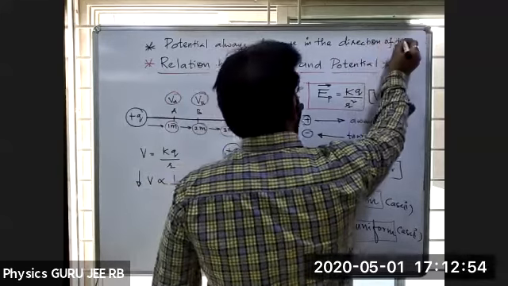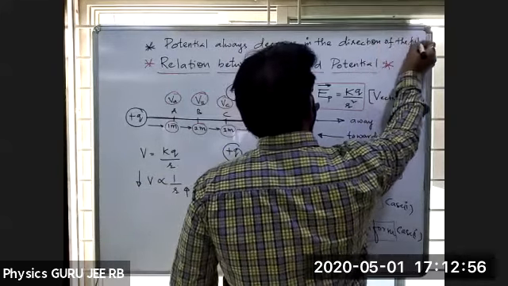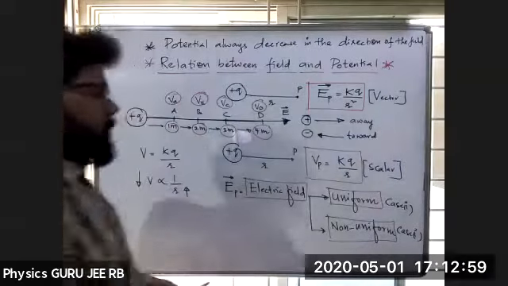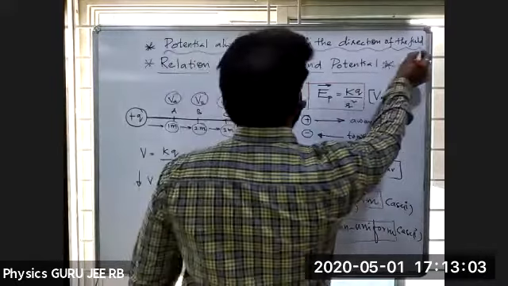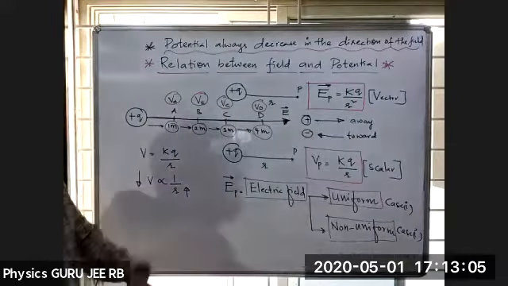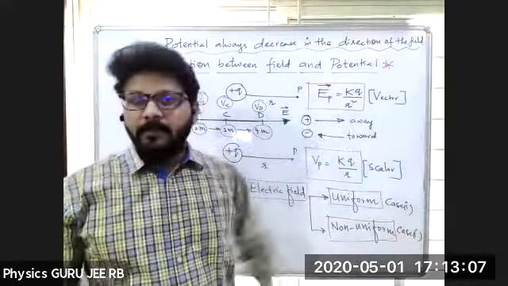So ये तो जरूर याद रखना, भूलना मत. So potential always decreases in the direction of the field.